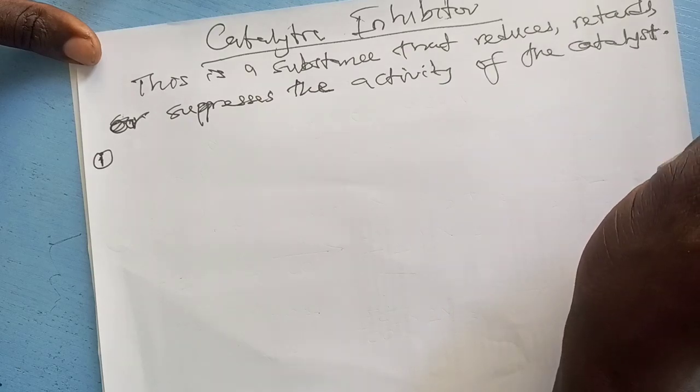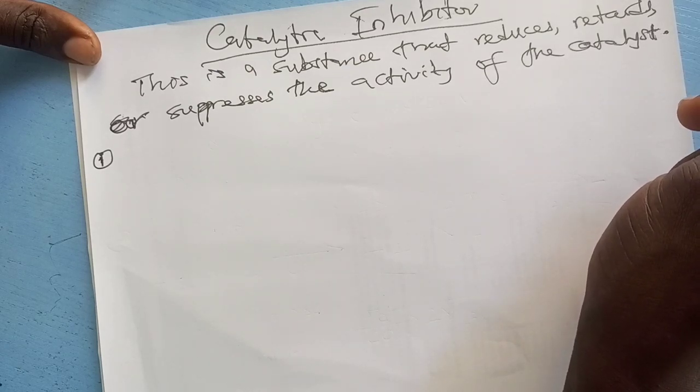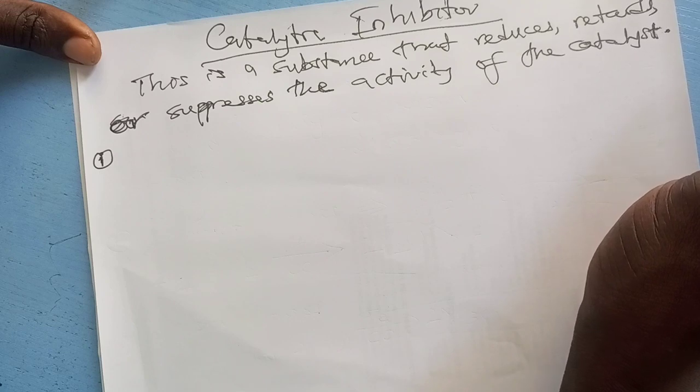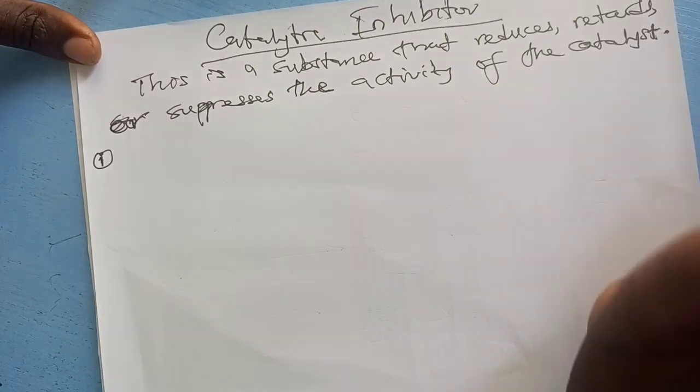As you introduce that inhibitor, as small as it is, the reaction the catalyst made fast will become slow. It will become sluggish. That means it is acting as an inhibitor.